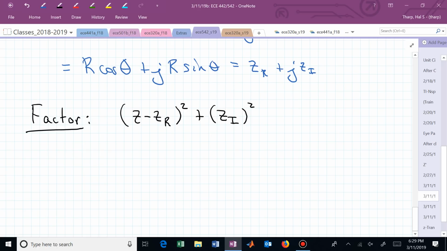That's the poles. You could do the same thing for the finite zeros. Let's write that down.